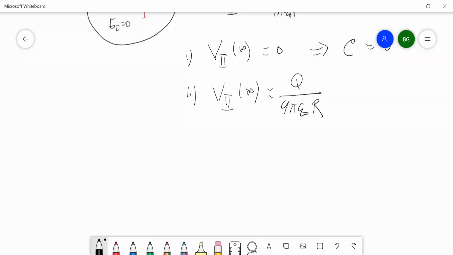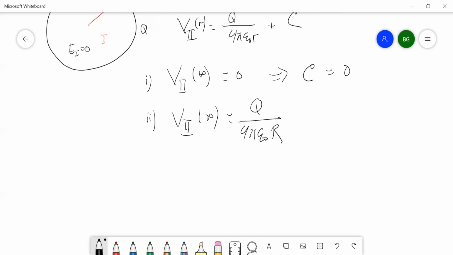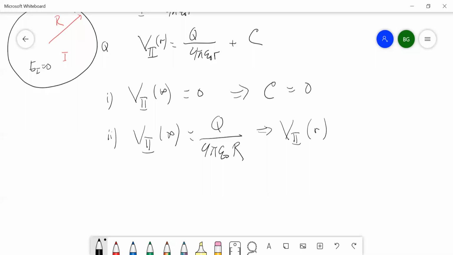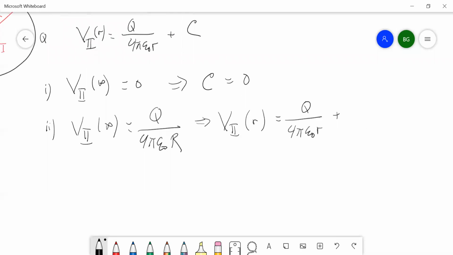We could also do this one. So if this is the case, this V2 of r is Q over 4 pi epsilon 0 r plus Q over 4 pi epsilon 0 R. Okay.